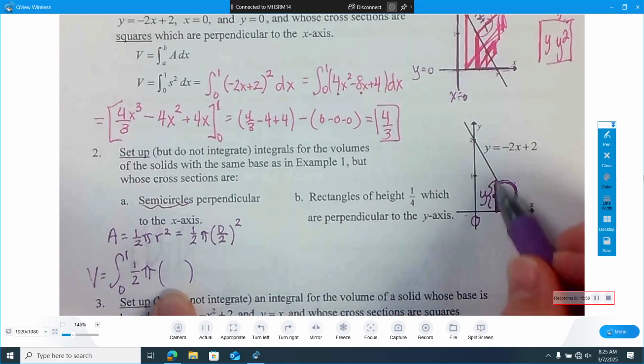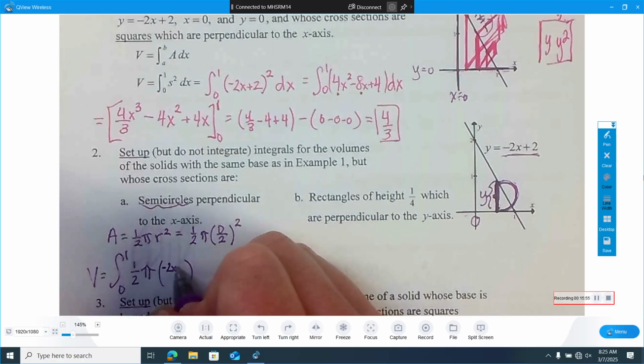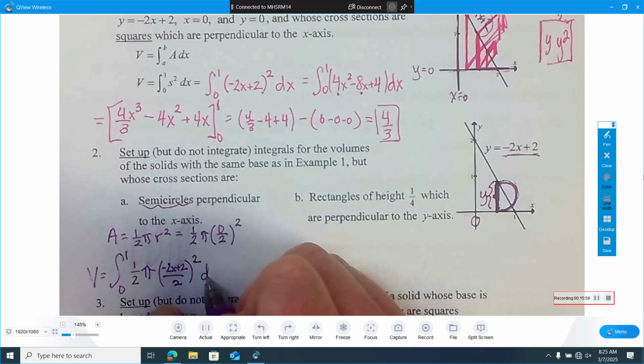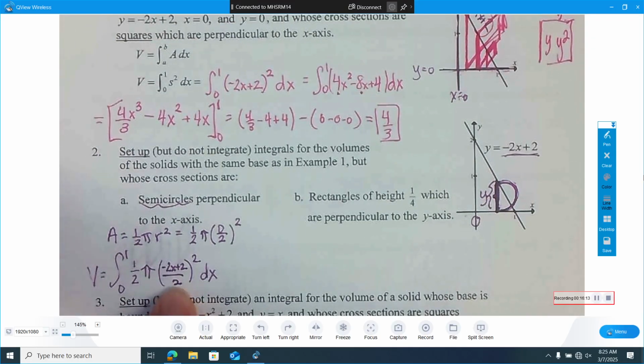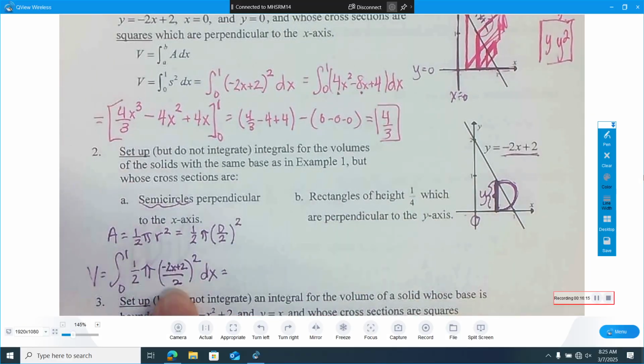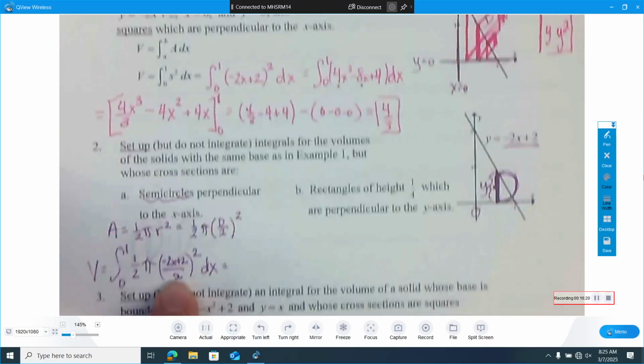Our diameter is that y value, which is our function. So negative 2x plus 2 over 2, quantity squared. Really, thinking about those areas carefully is really important. You can absolutely leave it like this. You do have to be a little bit careful here. If I wanted to clean this up, this whole fraction is being squared.